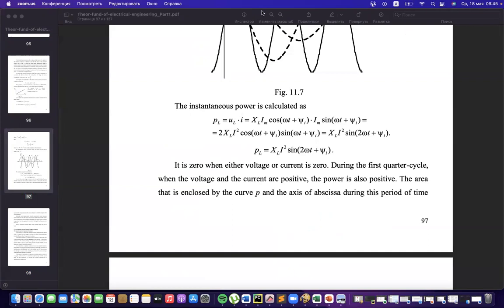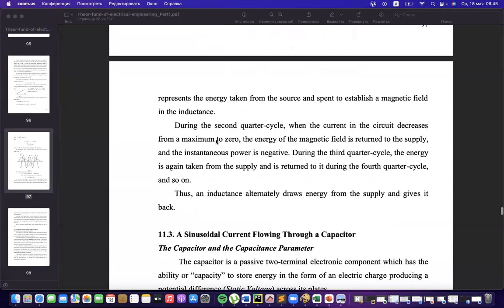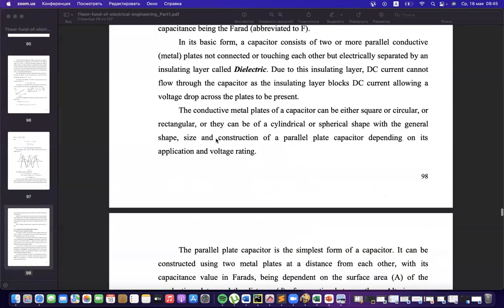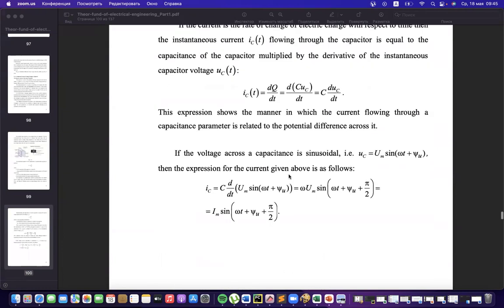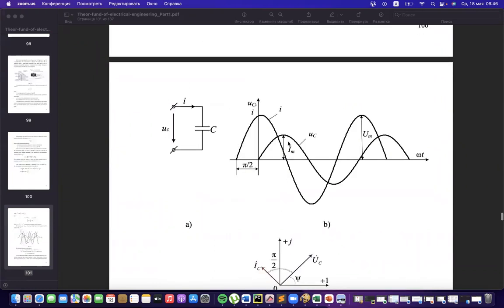Only the resistor consumes electricity. And the same for the capacitor. For the capacitor, we discussed that starting from the general formula, using the derivative between current and voltage, we obtain that current and voltage are sinusoidal functions with a difference between initial angles, and this difference is also 90 degrees.